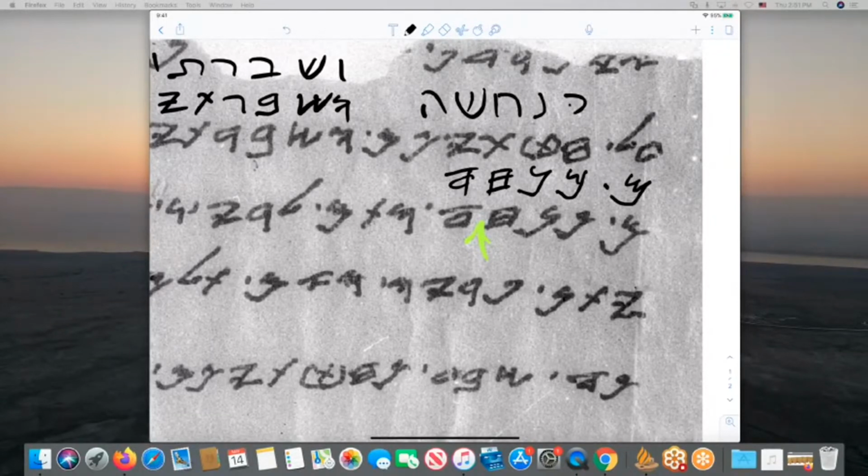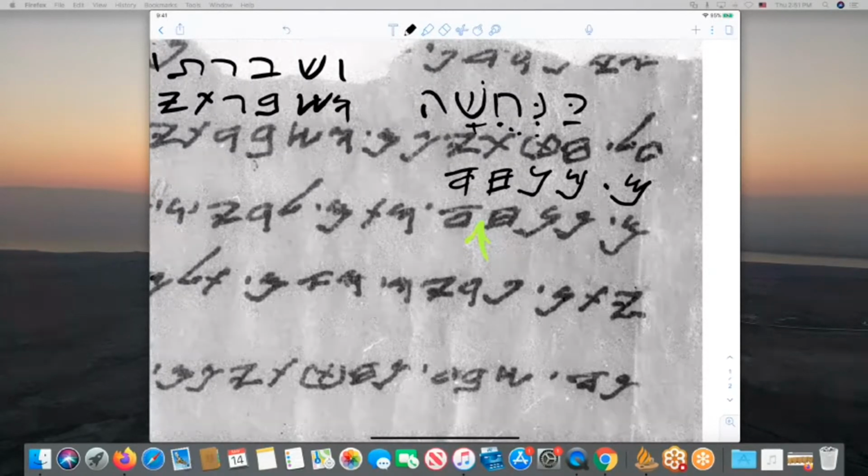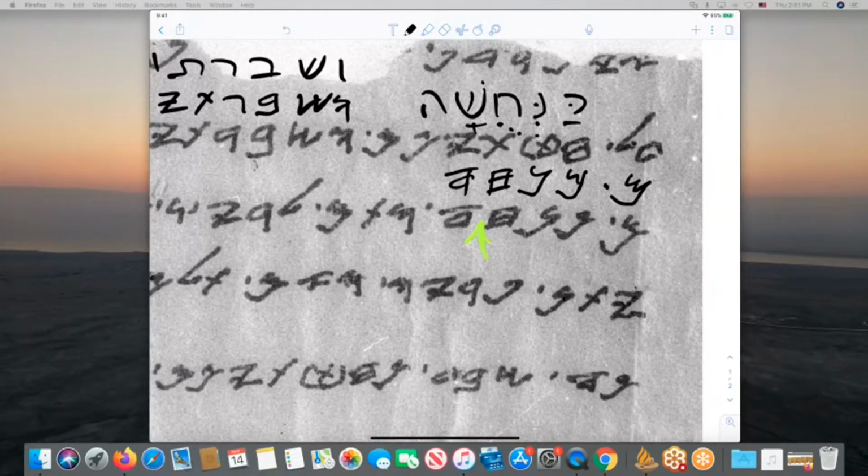And so what we learn here, ka nechusha, means as bronze. I will make your earth as bronze. But the manuscript that we're looking at misses the letter. And if we could zoom in, we would draw a little shin to go right in the middle there. Kenechusha.